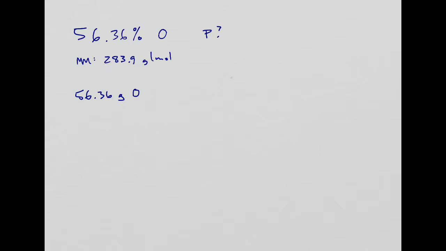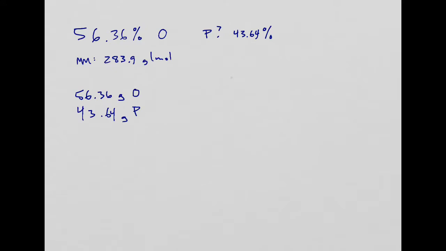And that would also mean that I would have, for my phosphorus component here, 43.64, which is 100 minus 56.36. But I could also then convert that into my 43.64 grams of phosphorus.